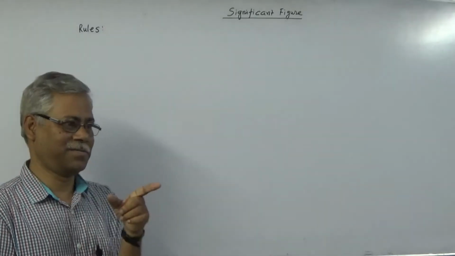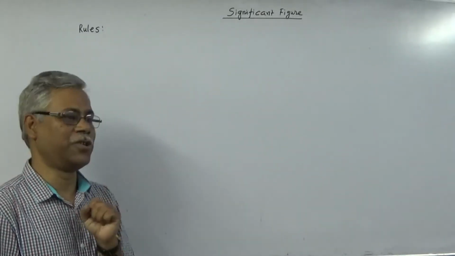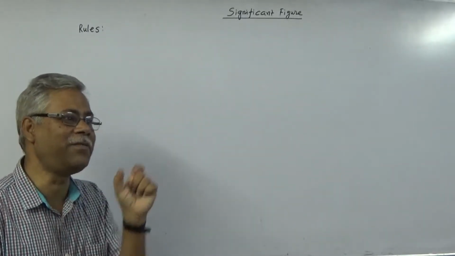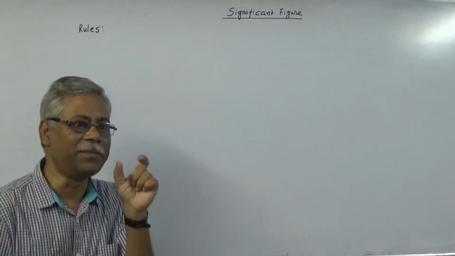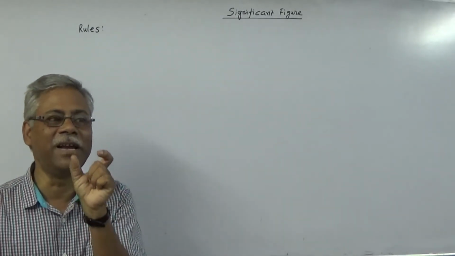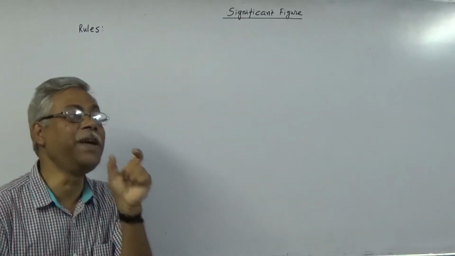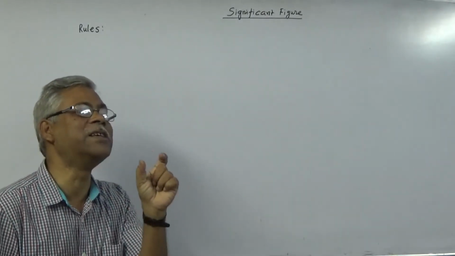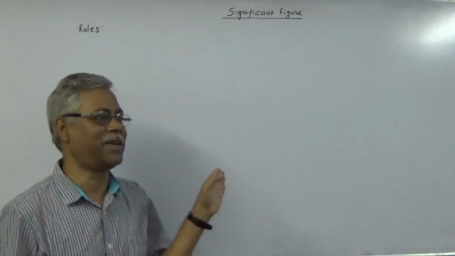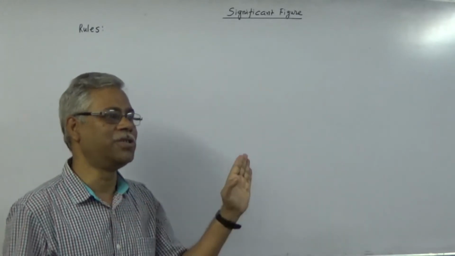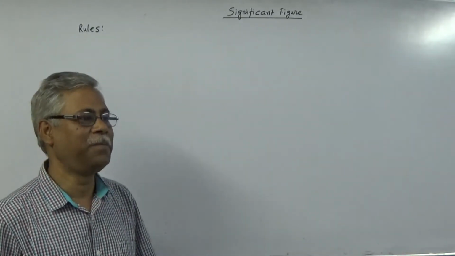Significant figures get fixed. The significant figure in a measured value: you have measured something, and the significant figure in a measured value gets fixed as soon as the measurement is done. Thereafter, you cannot change the significant figure in a measured value.